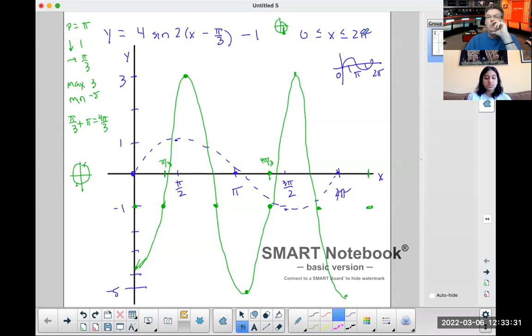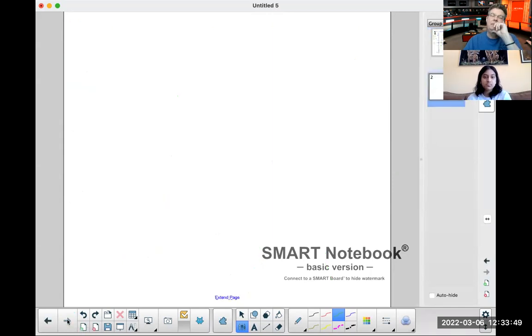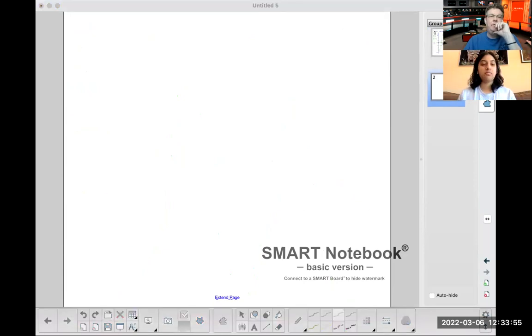All right, we will start with tangent. No, we're not going to start with tangent, because we just did sine and cosine. Looking at what she has done here, she has just done the basics.